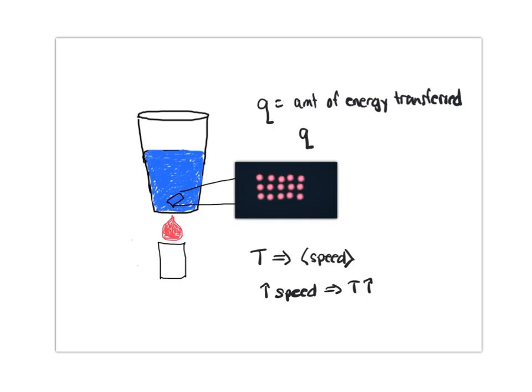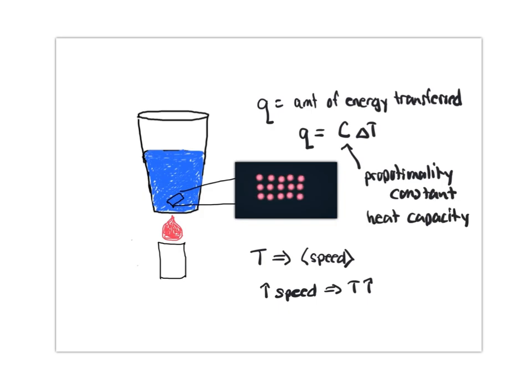And so the amount of energy transferred is proportional or equal to the change in temperature times a proportionality constant. This proportionality constant is called the heat capacity if it's in units of joules per mole Kelvin, and it is called the specific heat if it is in units of joules per gram Kelvin.